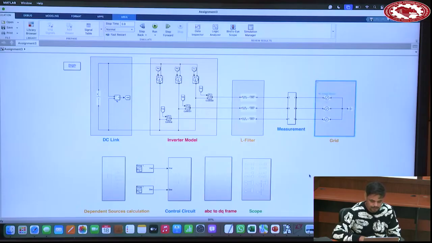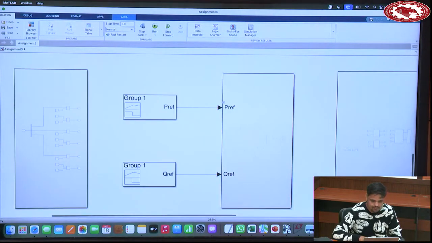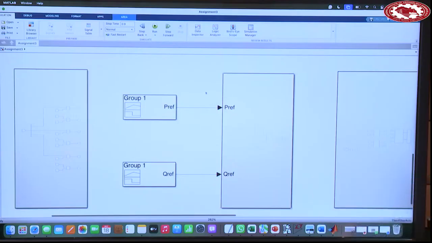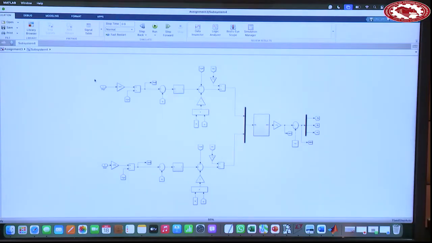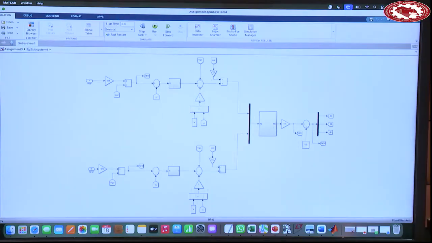Okay. In the control circuit, this Pref and Qref are given. Pref and Qref will be given by the user, and then we can see section by section.